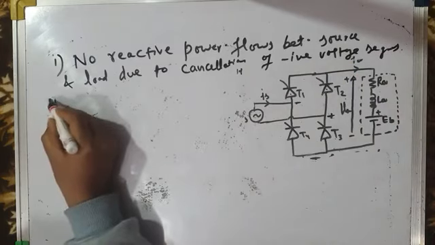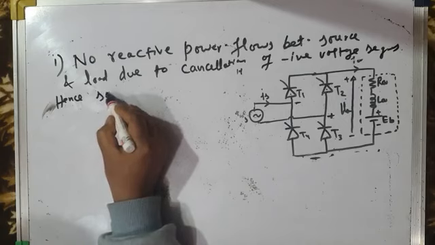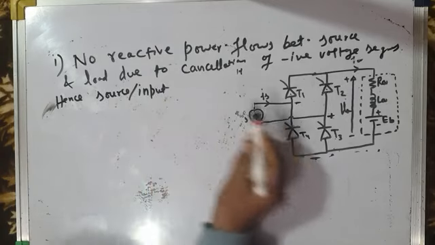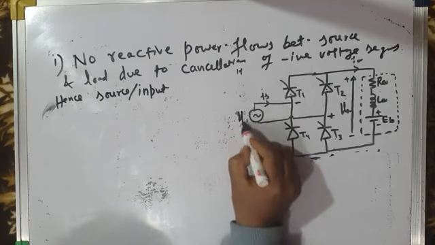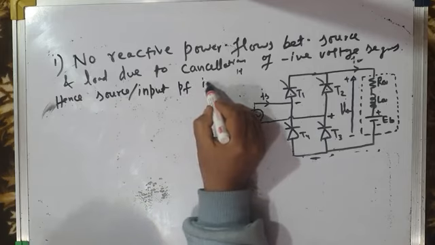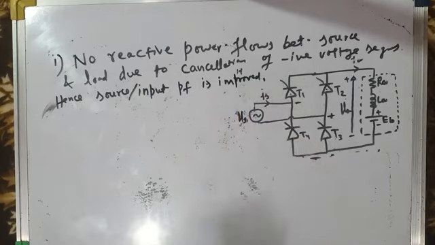Okay. Second, hence source or input power factor. Input side is AC side or source side. Source side power factor or input side power factor is improved. So there is improvement in the input side or source side power factor.